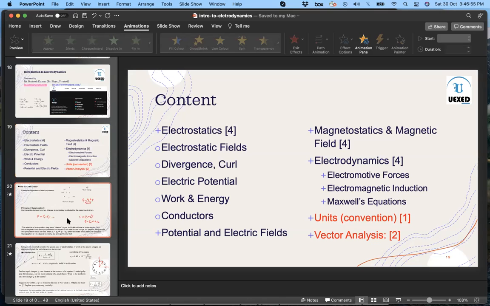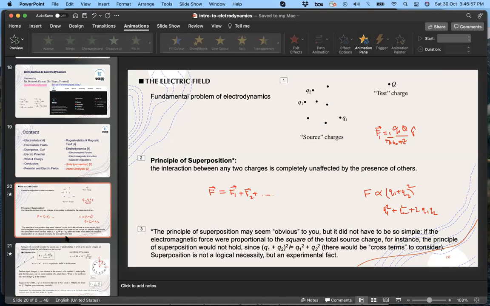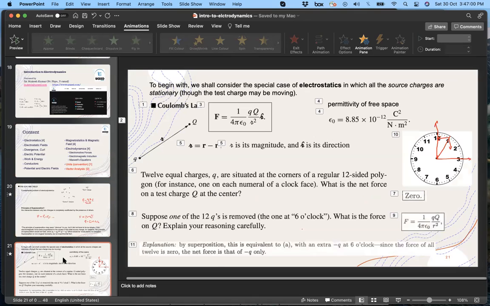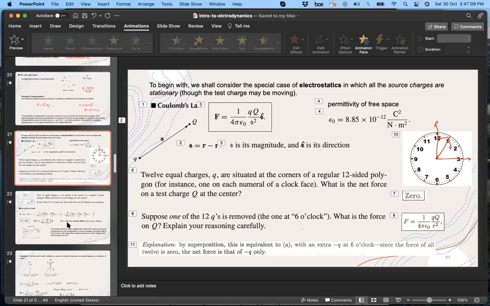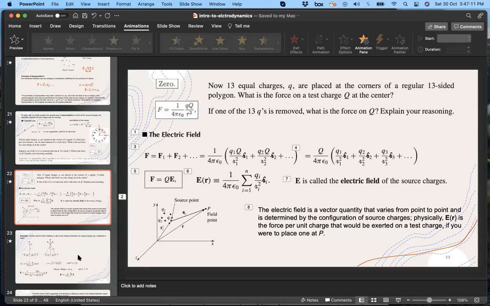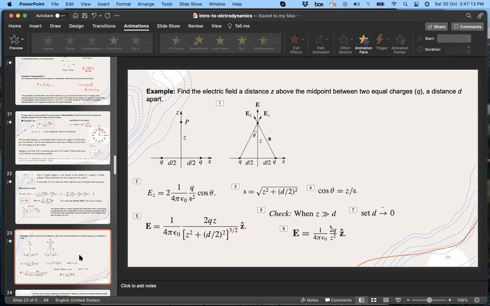So what we did so far: we talked about the superposition principle. I'm going through it very quickly because I have already explained this a lot, and we learned about Coulomb's law. Then we solved a lot of problems there. Then we started with very basic questions: if we have two charges separated by a distance d, how could one calculate the electric field at some point p.